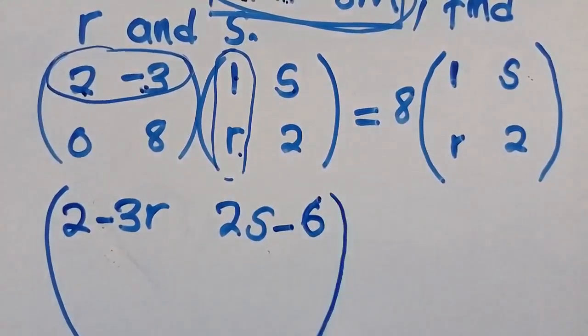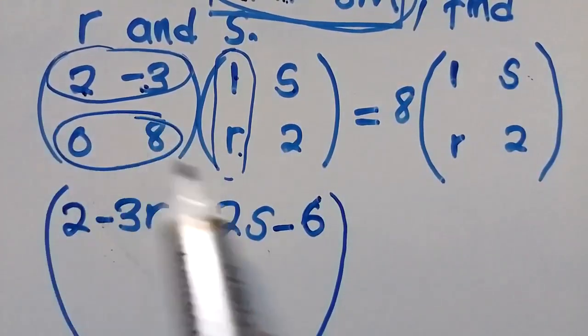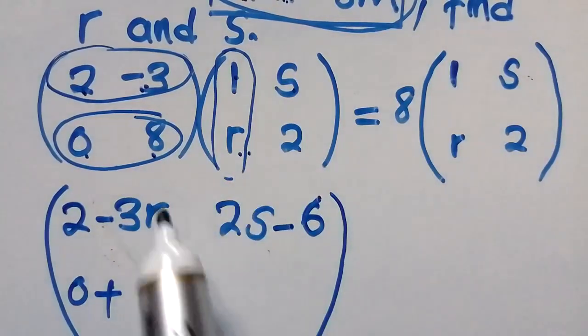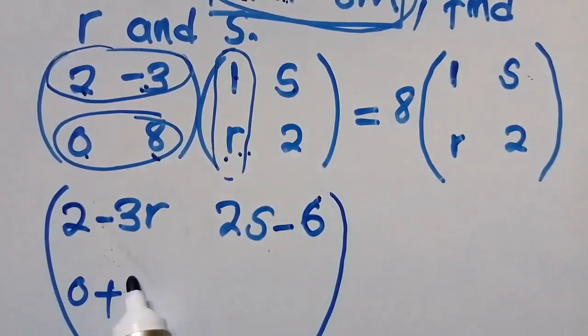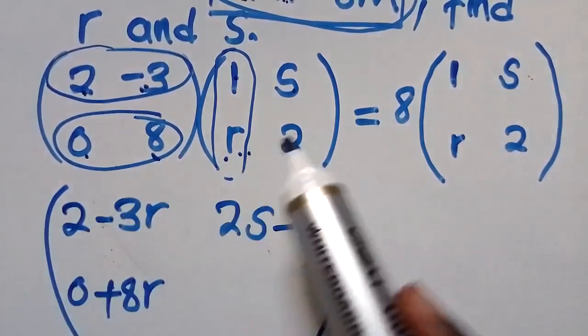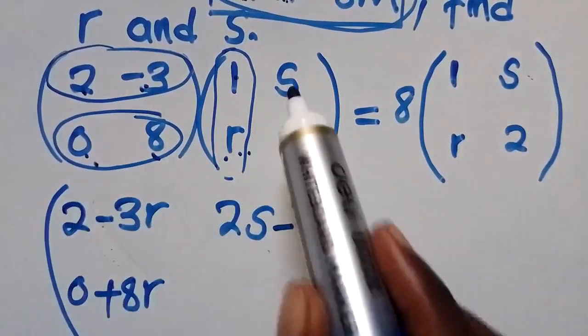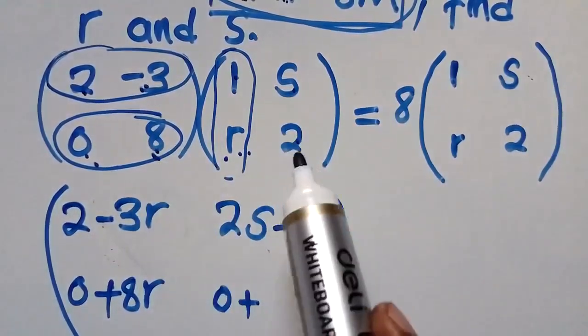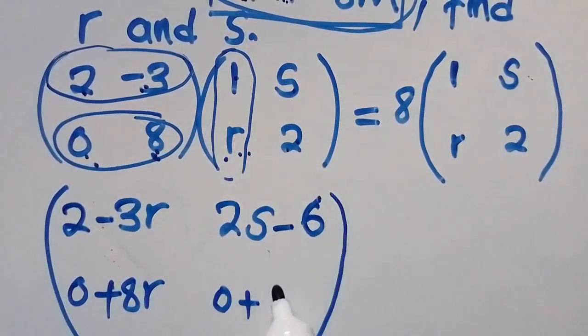You cross here. You move down here. This one also you multiply with those ones. 0 times 1, 0, plus this times that. 8 times r, it is 8r, like that. Then this same one with that one. 0 times 5, it is 0, plus 8 times 2, 16.